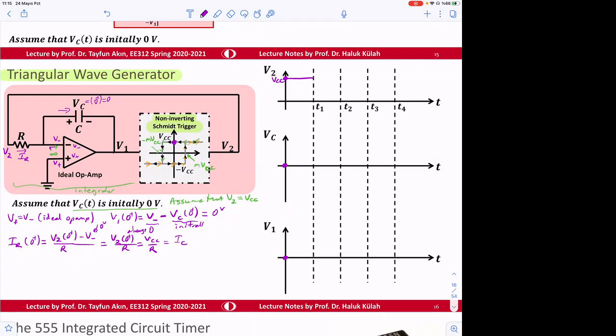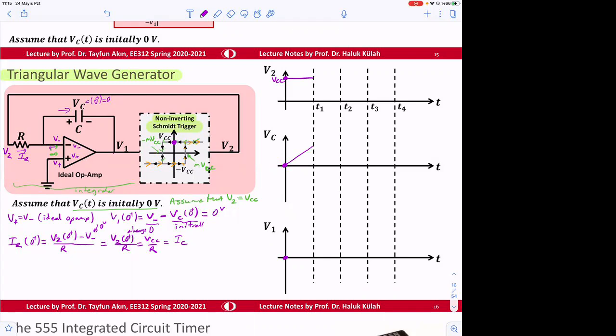So what happens if there's a constant current through the capacitor? Capacitor will start charging.